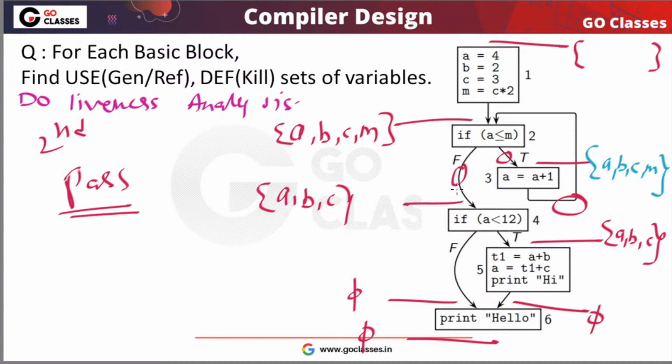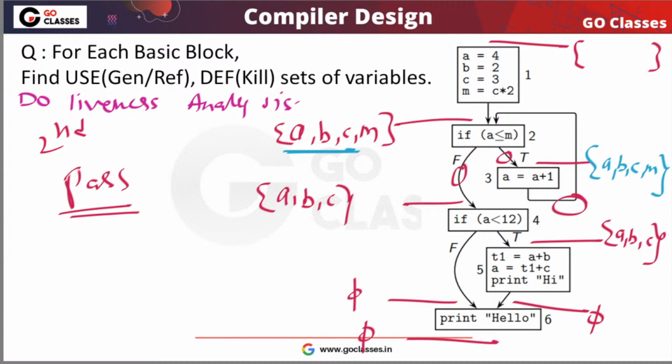This change will happen. And now, after this change is happening, you can notice this ABCM will become ABCM, and finally this is ABCM. So again, this will become ABCM, and then this is also 5. So this is your answer. This is your second pass. After the second pass, nothing will change.